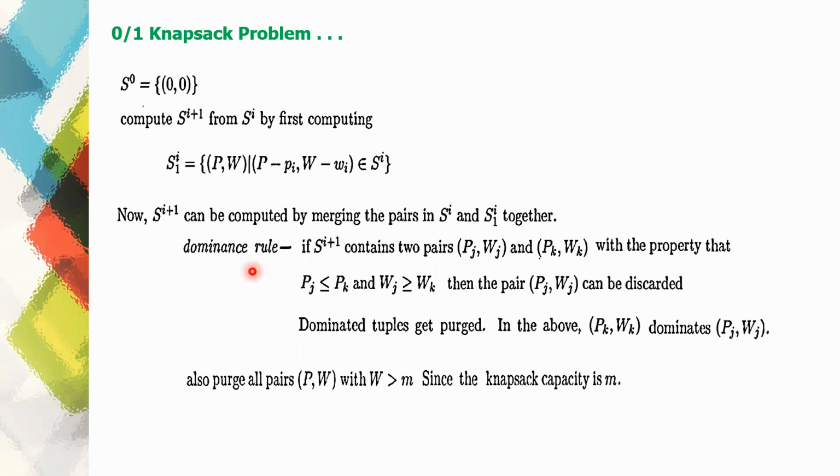Then you are going to apply the dominance rule, where every pair of set members are compared, and it is made sure that profit should be increasing, weight also should increase. If anywhere weight is decreasing, then you are going to purge the first item from the pair.